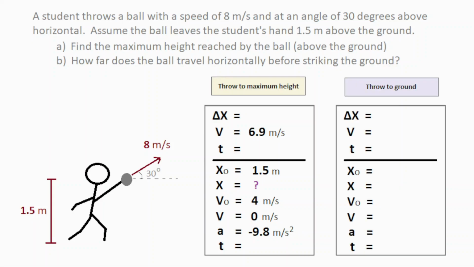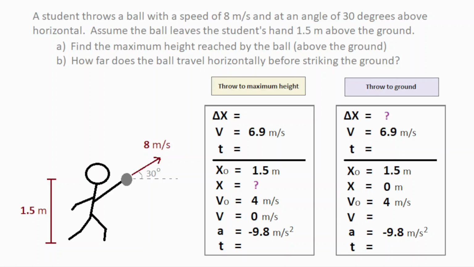Next, from the throw to the ground, some of the variables from the previous list we can copy right over, but not all of them. I think the velocity components are the same. The person threw it in the same way. I also think the starting height of the object is the same, as well as the acceleration due to gravity.